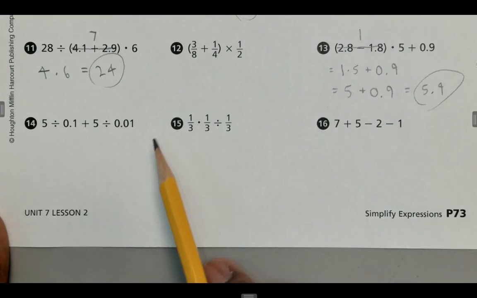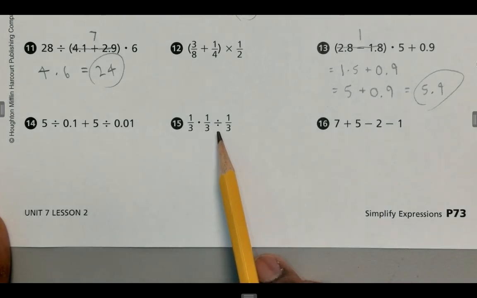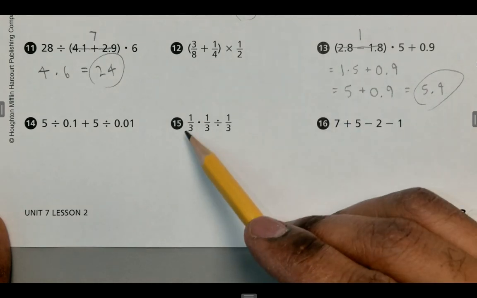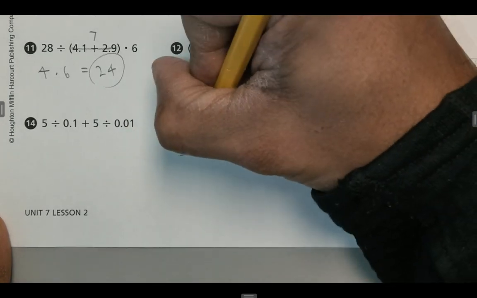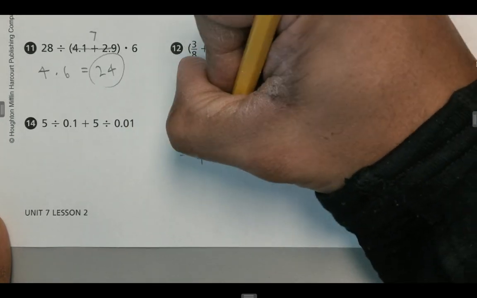Finally, 1/3 times 1/3 divided by 1/3. Multiplication and division have the same rank. To break the tie, we'll work it from left to right. We'll do 1/3 multiplied by 1/3 first, multiply across the top, multiply across the bottom.